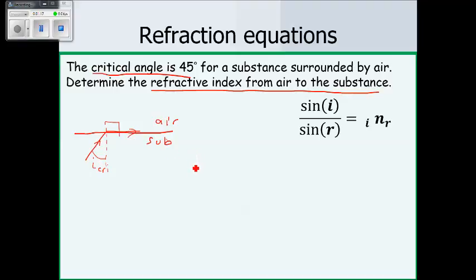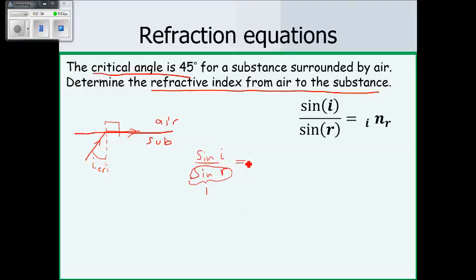That's the definition for the critical angle. So if you have this set up and you place it in your equation, you've got sine of i over sine of the refracted angle. That's going to be 1, because r is 90 degrees and sine of r is 1.